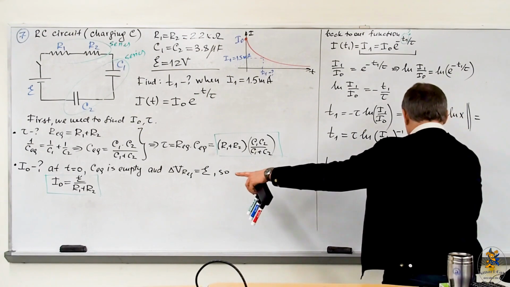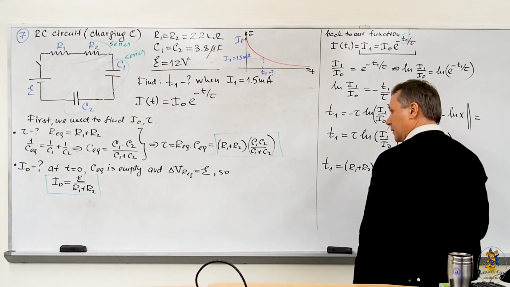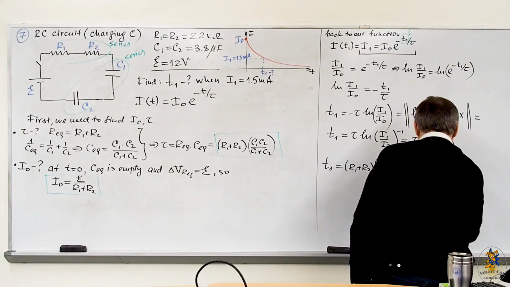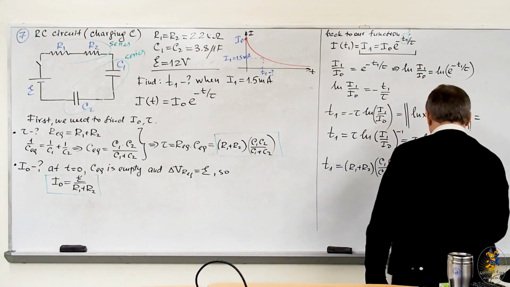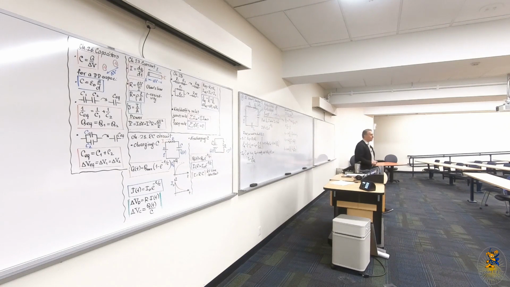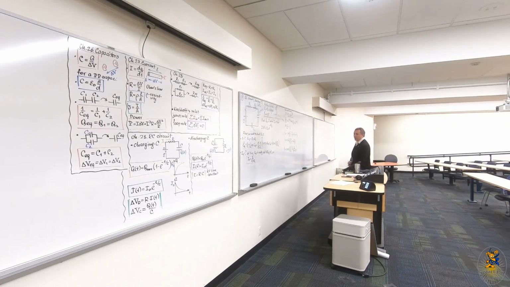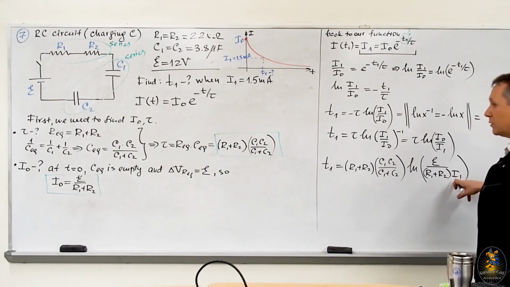It's EMF divided by R1 plus R2, over I1. Okay, so that's the final expression for the moment of time when the current is going to reach this value of I1.